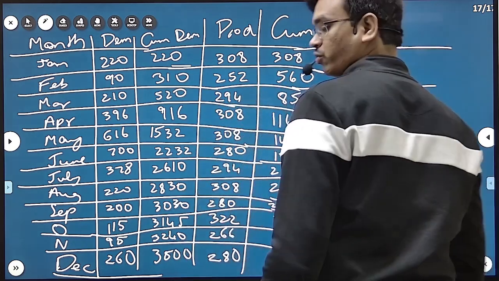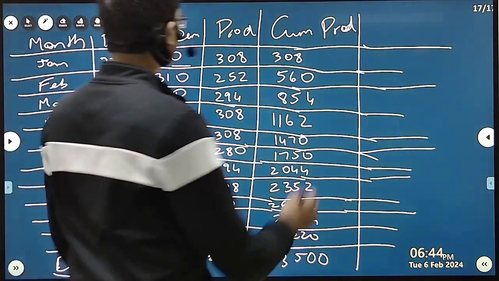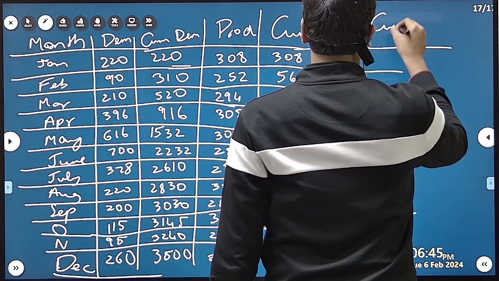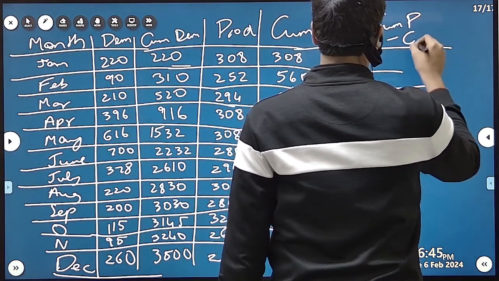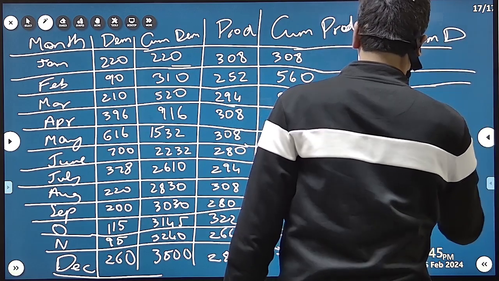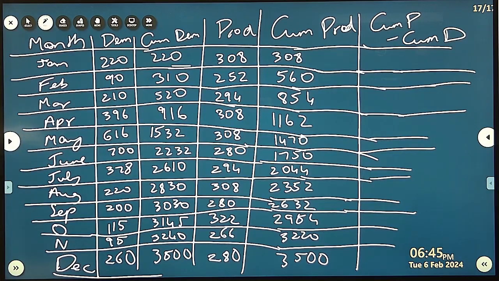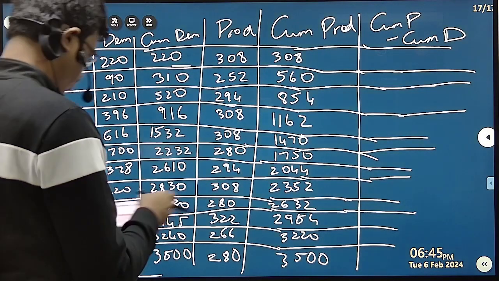So now what is the next step? Now we are going to do cumulative production minus cumulative demand. Okay, and we will check which has the highest negative value.